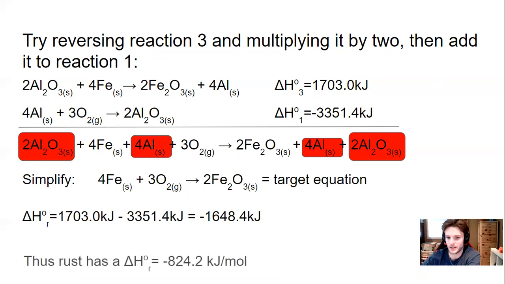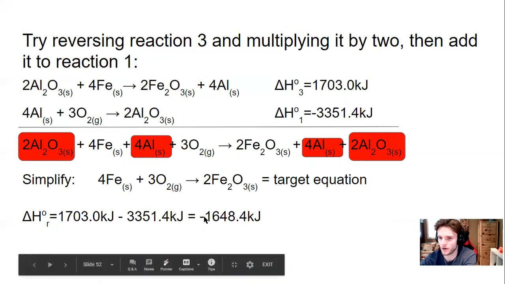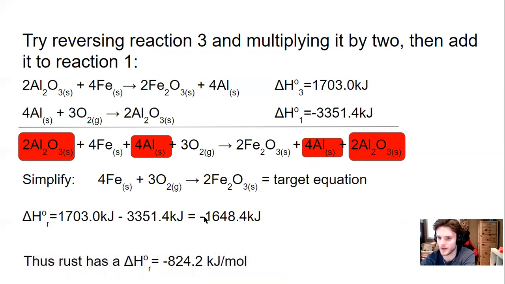And we get our answer here that rust has a delta H, or an enthalpy of formation, of negative 824.2 kilojoules per mole. So how did we get from negative 1,600 to negative 824.2?